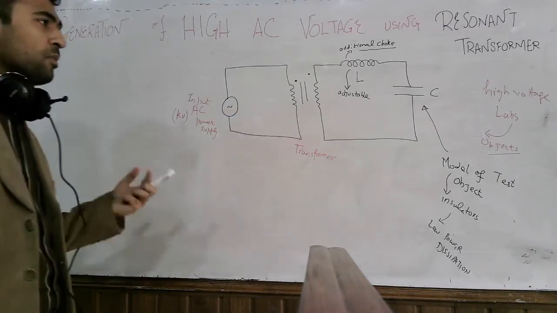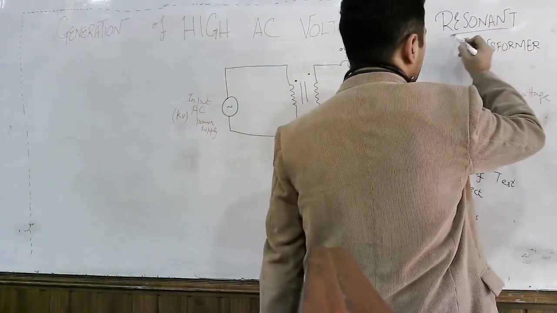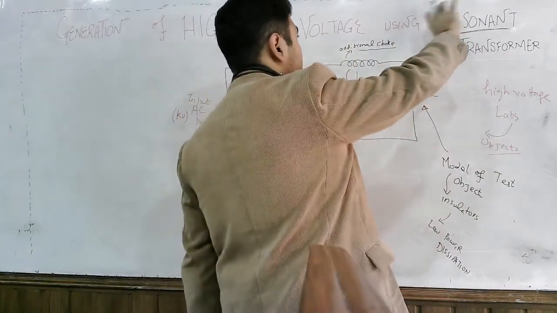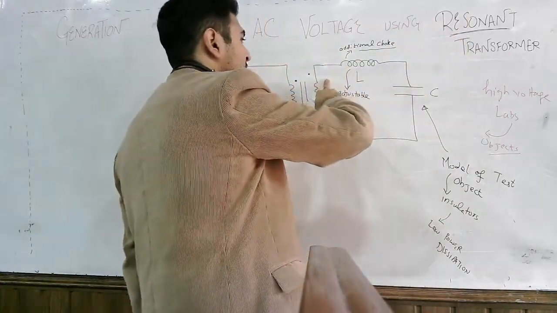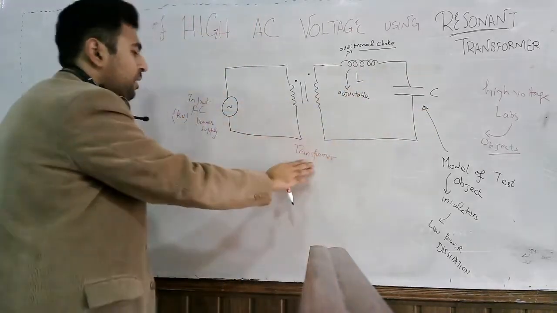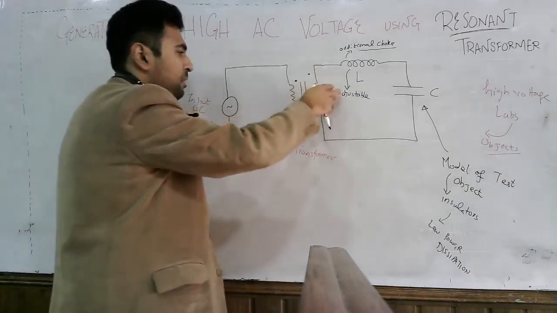Now, the important thing to understand is the concept of resonance. What is meant by resonance? In fact, the resonance in the circuit is what creates the high voltage. This transformer has only a little role in stepping up the voltage.